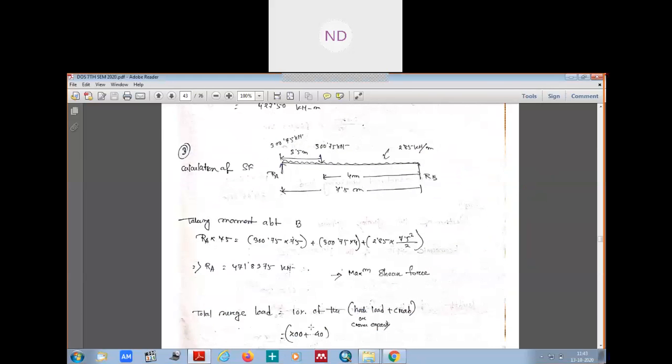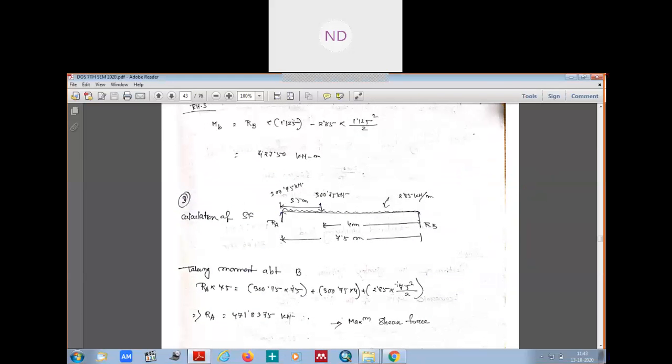So we got our RA. RB you can also calculate, but we know the maximum load will be here at point RA. So we got our maximum reaction RA to be 471.8375. This is our maximum shear force, which is the reaction RA.